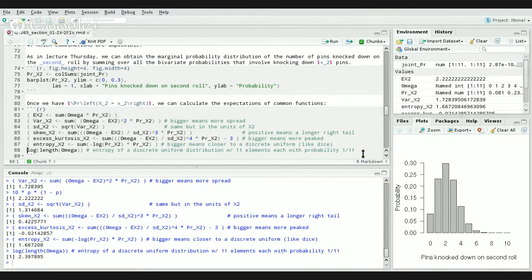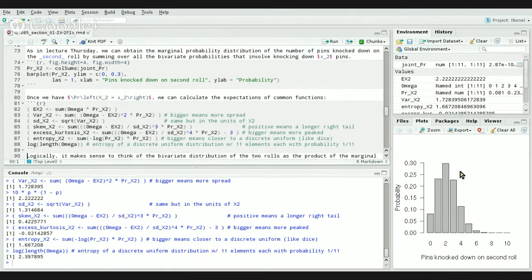And we can see that the entropy of the distribution of the number of pins knocked down on the second roll is about 2/3 or so of the maximum possible entropy that could be achieved when the sample space has 11 elements.